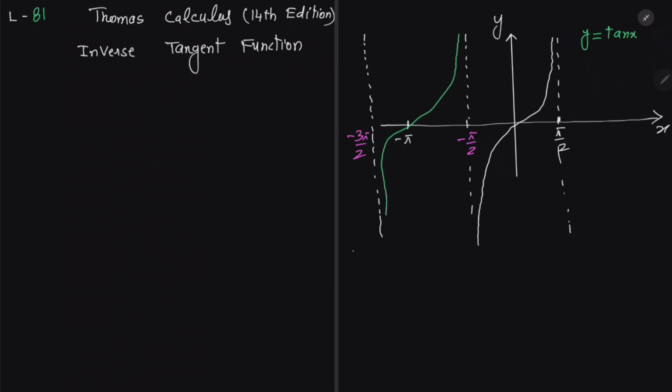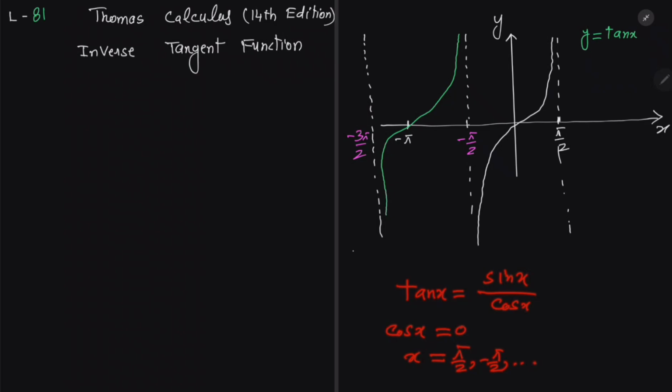Since you know that the tangent function is written as sine x over cos x, it has discontinuities when cos of x is equal to 0, so x is equal to pi by 2, minus pi by 2 and so on.